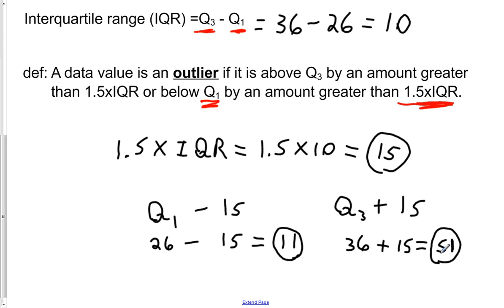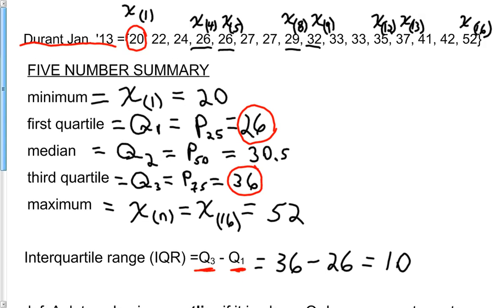Any number greater than that, we're going to say is an outlier, and we are not going to use that number to create our box and whisker plot. We're actually going to graph that number, but it's not going to be a part of our box plot. All right, so now we know all the information we need. We know where each one of our quartiles, our minimum and our maximum is, basically this five number summary.